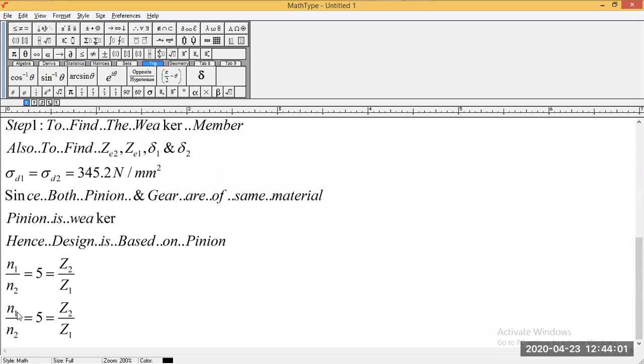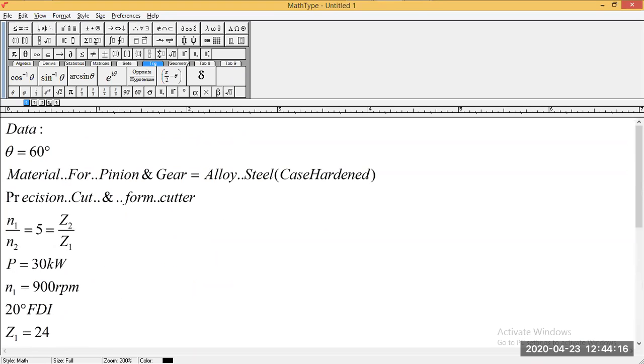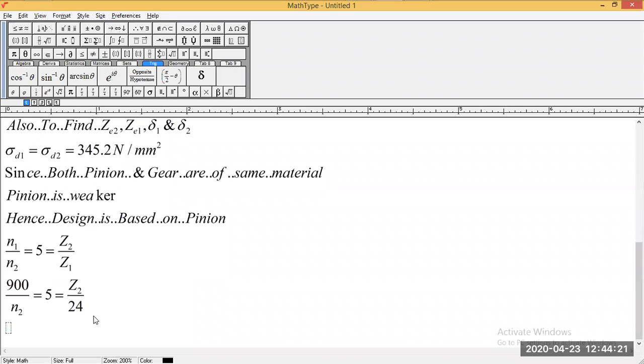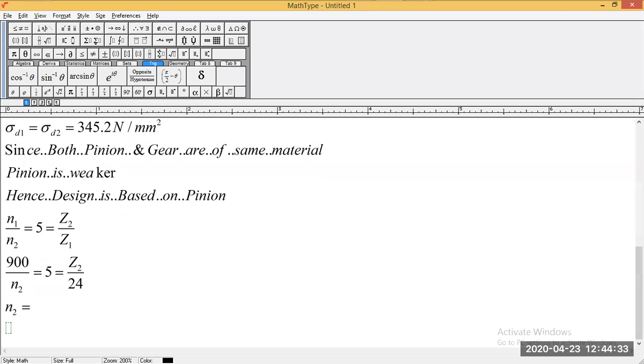We know N1 is 900, right? Also Z1 we know is 24, right? So with this we can find what is N2. What is N2 and Z2? Just tell me the value. N2 and Z2.